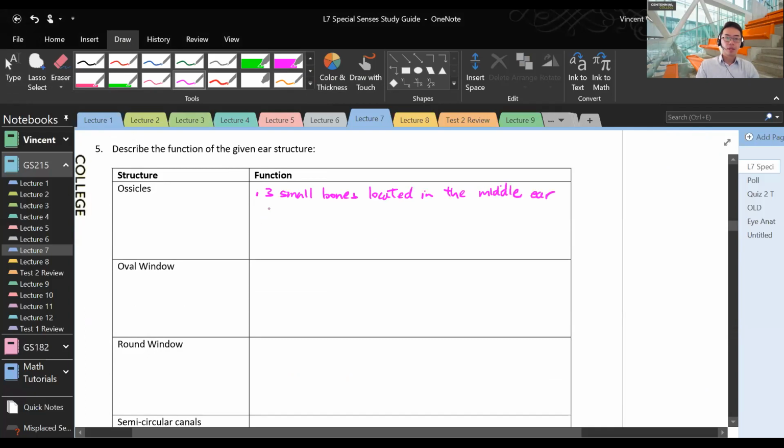They are the malleus, incus, and stapes. The function is to amplify sound. You can also call them the hammer, the anvil, and the stirrup.